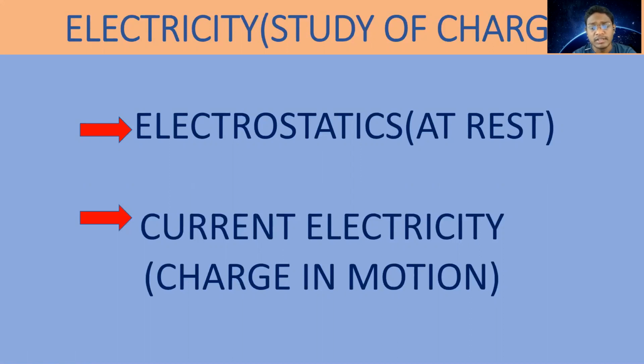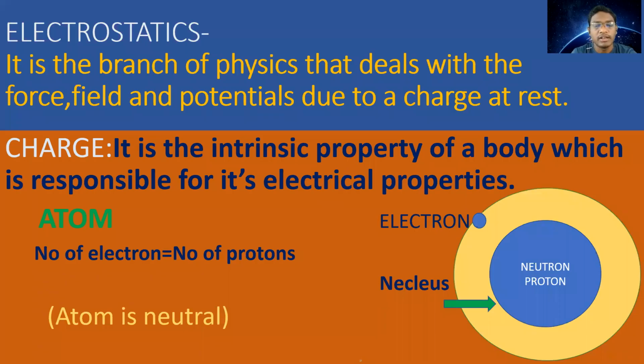Next, we'll see what is charge. Well, before charge, the definition of electrostatics comes. You can see there are two words in this single word: electro and statics. Electro stands for electron, and statics means at rest. So from the name, we know that the charge is at rest.